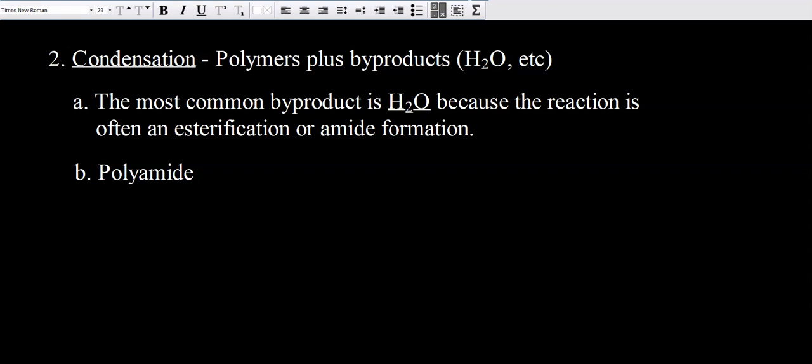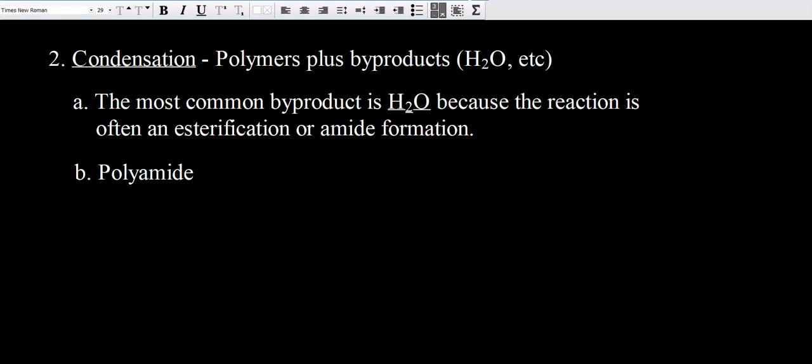All right, with condensation polymers, just like our regular condensation reactions we talked about in previous lessons, you have two substances that combine to make a larger substance with the formation of a smaller molecule as a byproduct. The most common byproduct is water because the reaction is often an esterification or amide formation, and we saw examples of that.